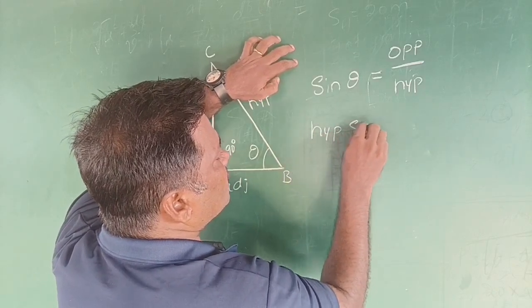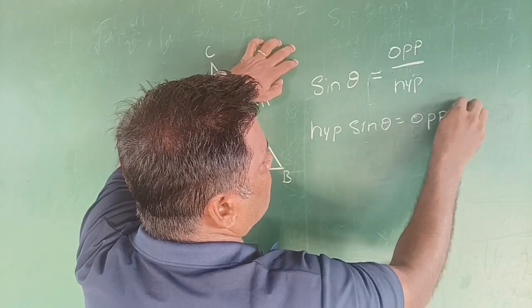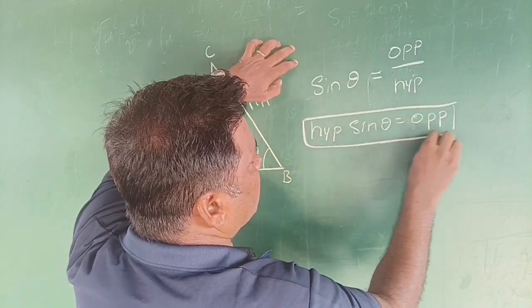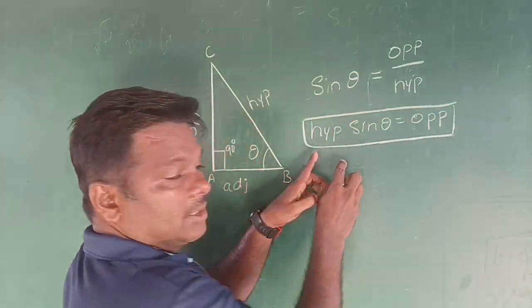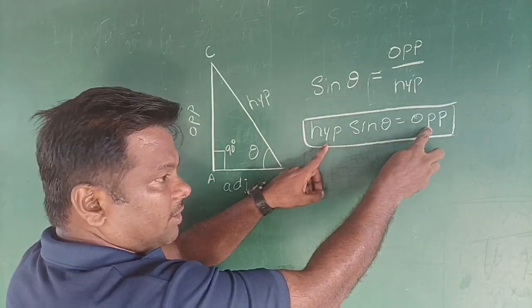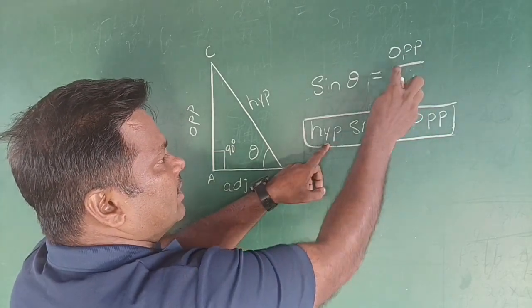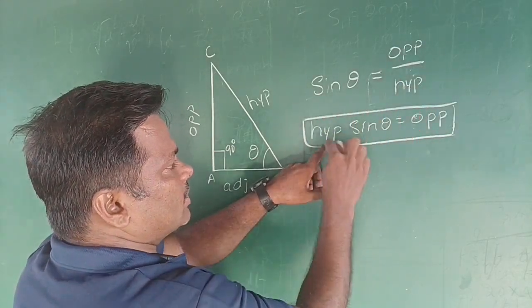Hypotenuse into sine theta equals opposite side. Got it? So you can write: opposite side is equal to hypotenuse into sine theta.